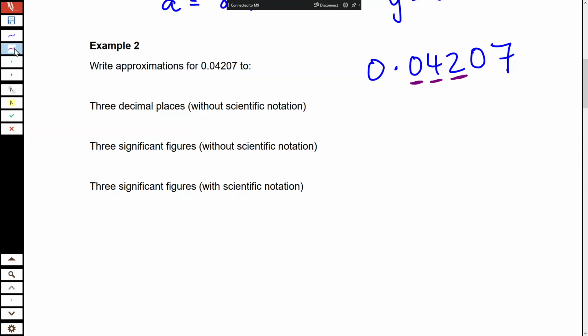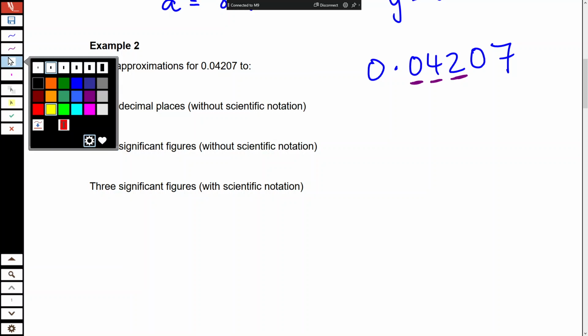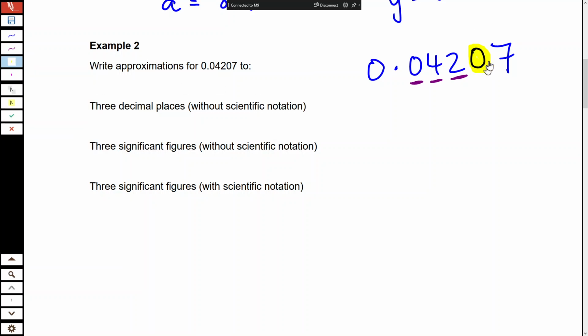Now, I also need to look at the next digit. Because if this digit here, the fourth one, is 5 or larger, I need to round up. Here it's not. It's less than 5, so I don't need to round up. My answer is just going to be 0.042.